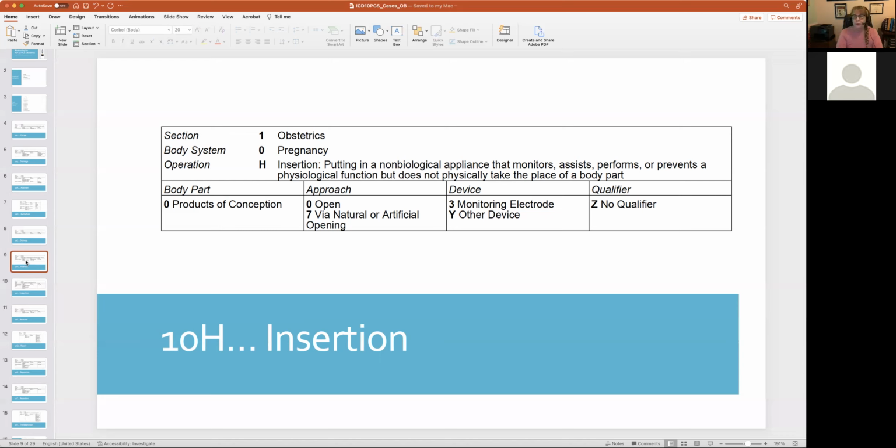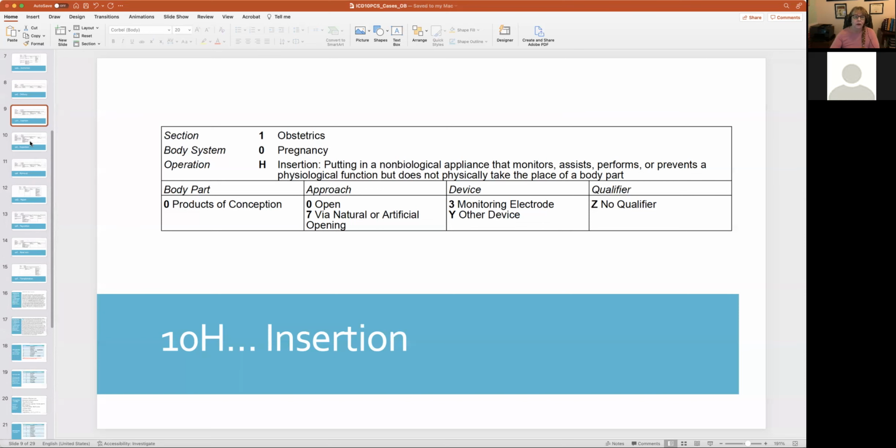I mean, you have to feel comfortable querying them, talking to them, let them educate. When you write this, what do you mean? So you know, on and on and on. Okay. And here, the other decision you have to make or determine from the documentation is, was it an open approach or vaginal? Okay. All right. We are cooking here.